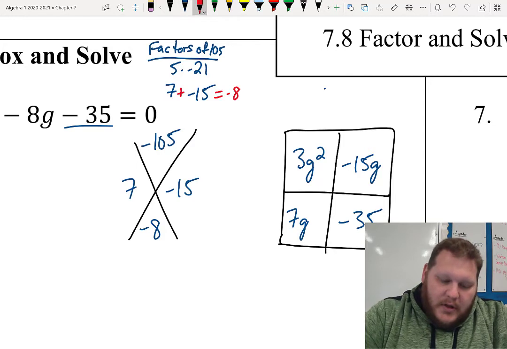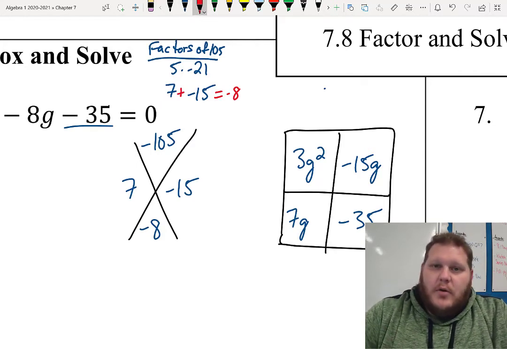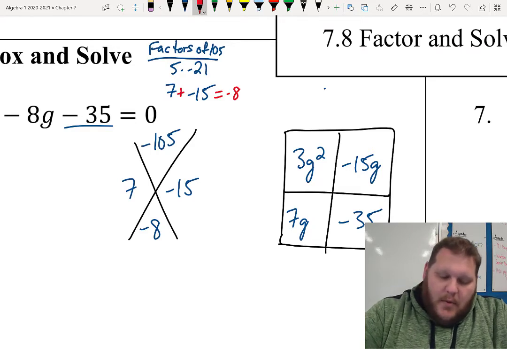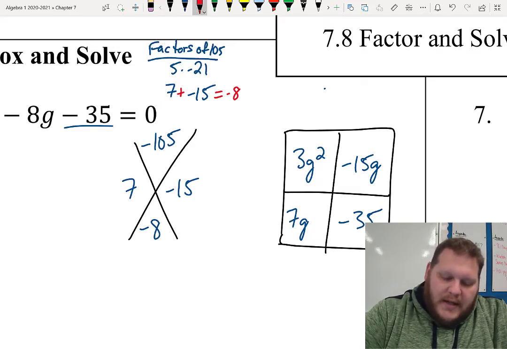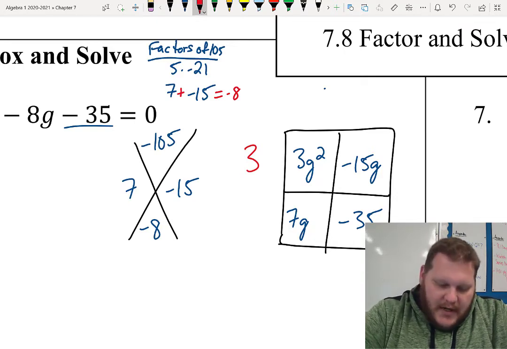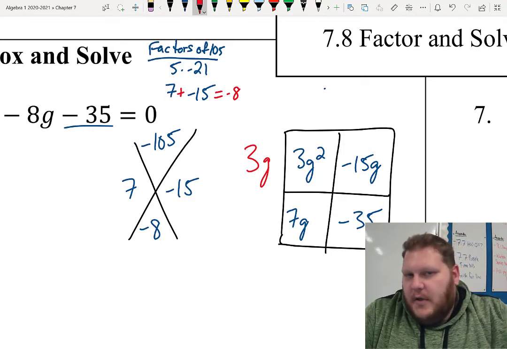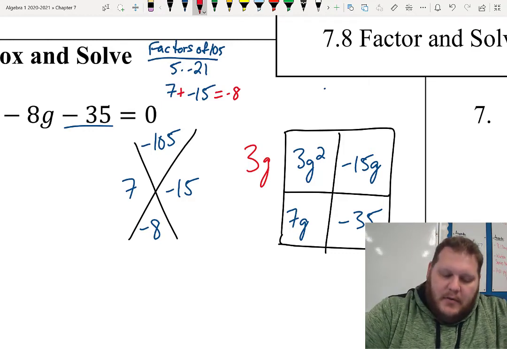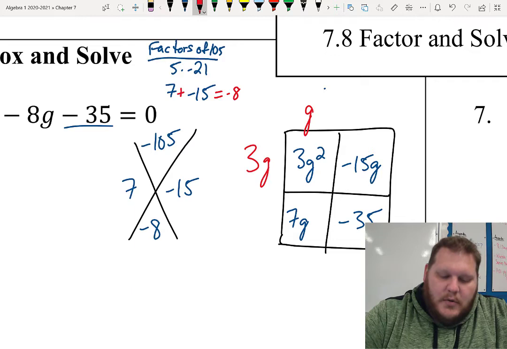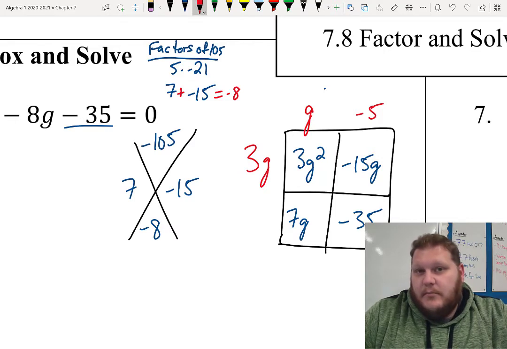So from here, we're looking for a GCF somewhere, either in one of my two rows or one of my two columns. Maybe you see in this top row 3 and negative 15 have a 3 in common. G is also in common, so 3G would be right here. And now from here, we're just figuring out what we have to multiply by. 3G times G would give me 3G squared. 3G times negative 5 would give me negative 15G.